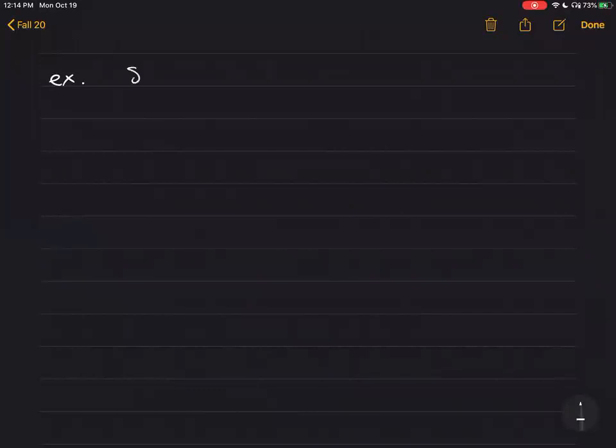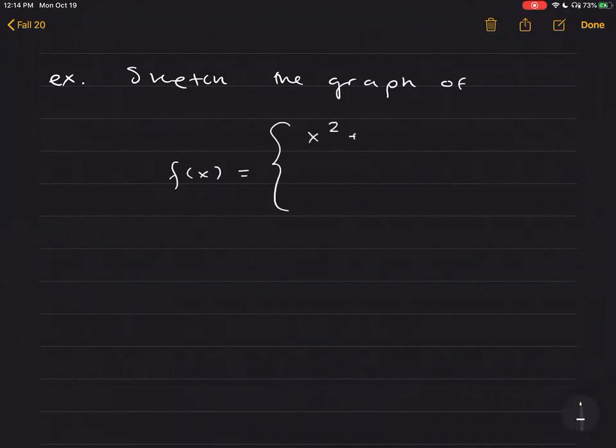Sketch a graph of, let's do f of x equals x squared plus 2 if x is greater than 0. And let's just have it be 3 if x is less than or equal to -1.